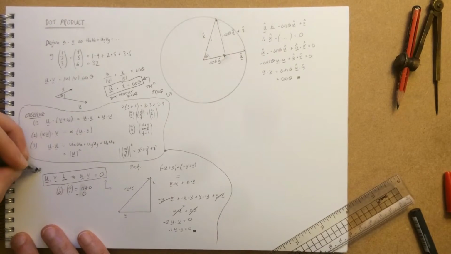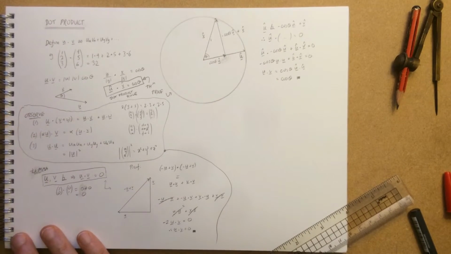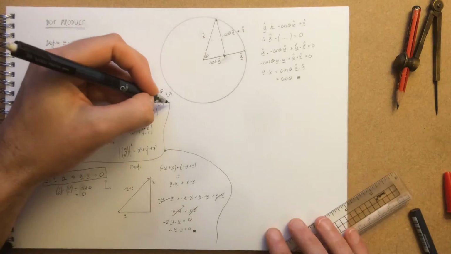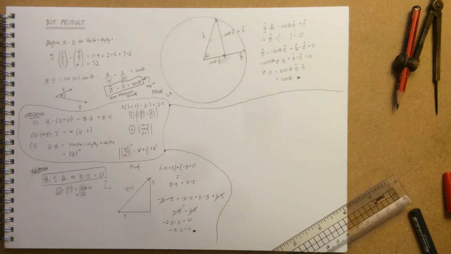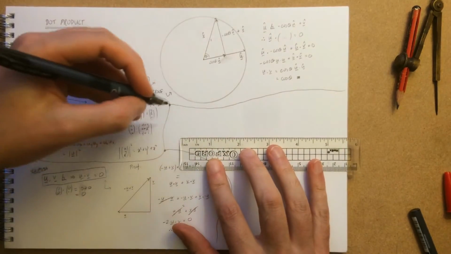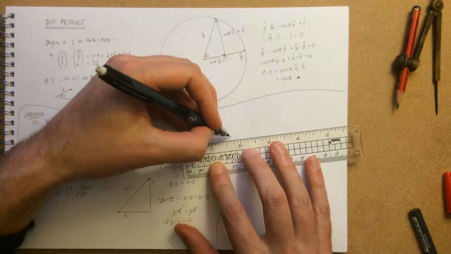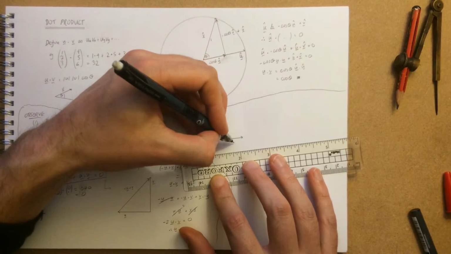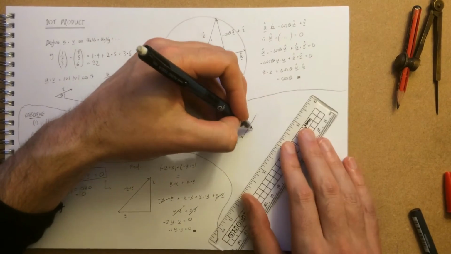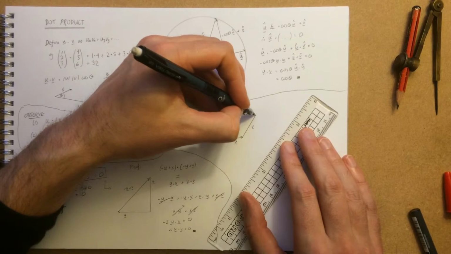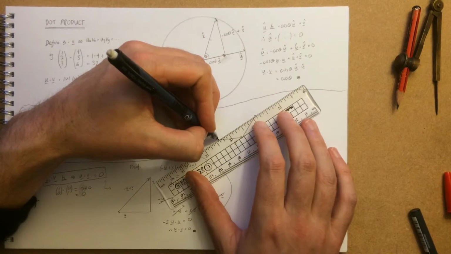So, okay. What if we have a triangle where we've got u there, v here, and so this is the resultant vector, u plus v.